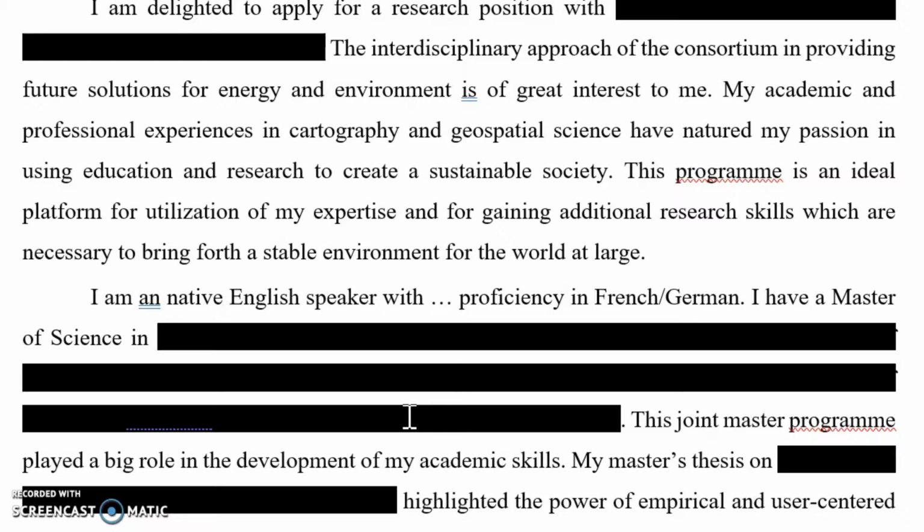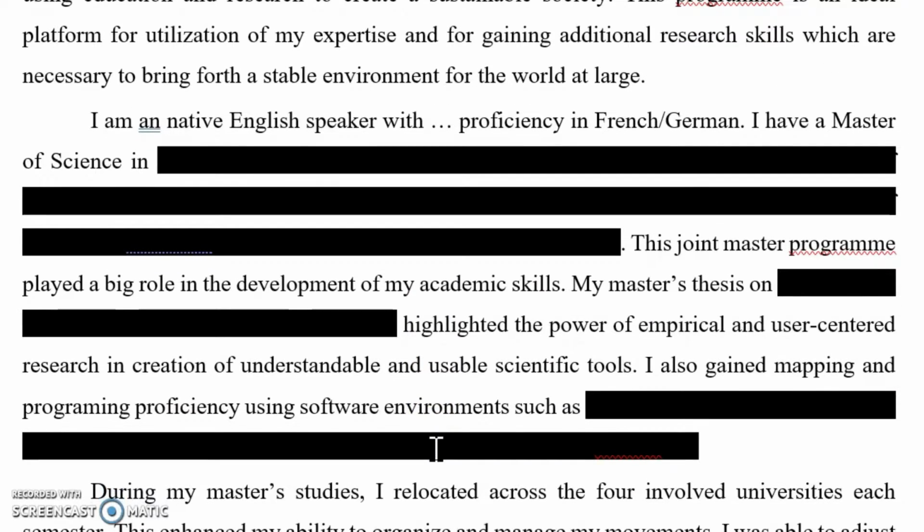You can split it into 2 paragraphs, but make sure you finish a certain point in one paragraph and start a new point in the other paragraph. For example, you say my primary school and my high school and my bachelor's was in this university. I learned this. That can go to one paragraph. And then in the next paragraph, you do your master's and your PhD or something like that.